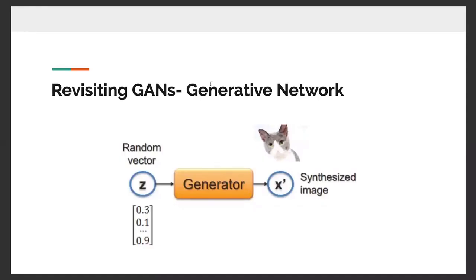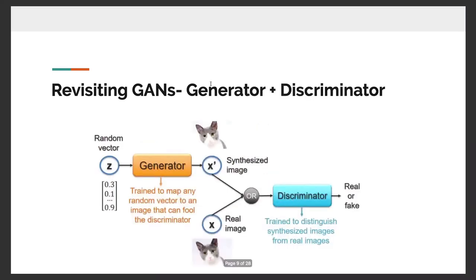The function of the generator, as introduced in the original GAN paper, is to generate new objects, say images, audio files or video files, from a random vector sampled from a noise distribution.